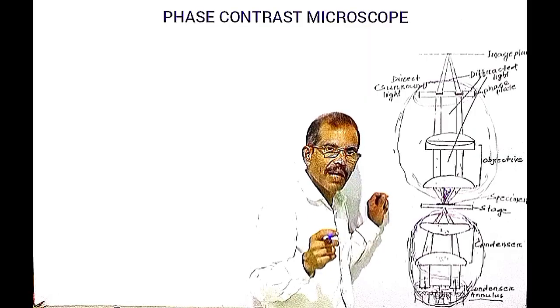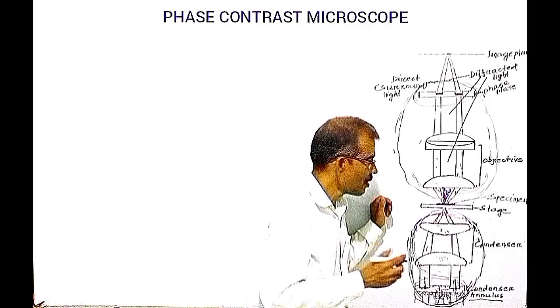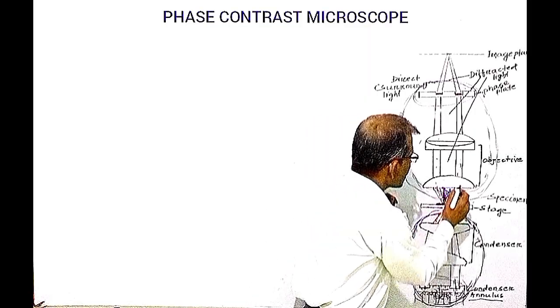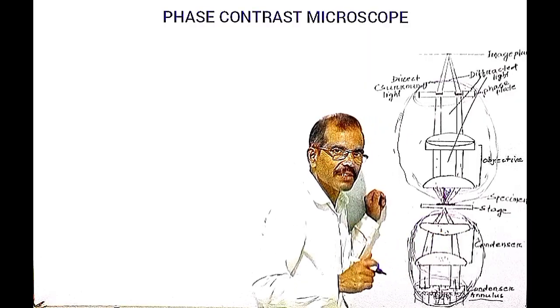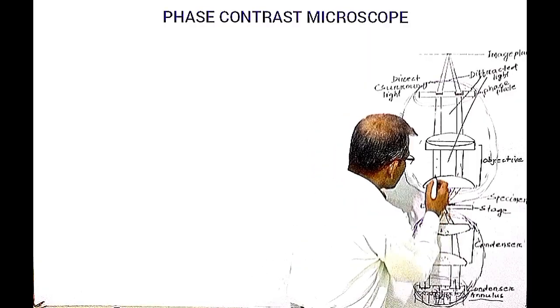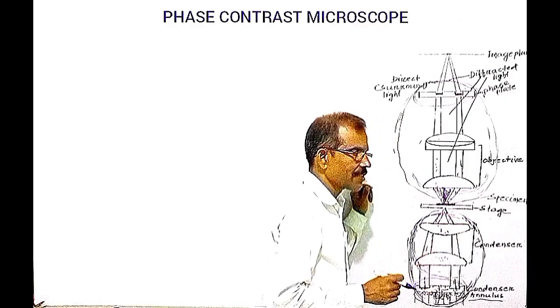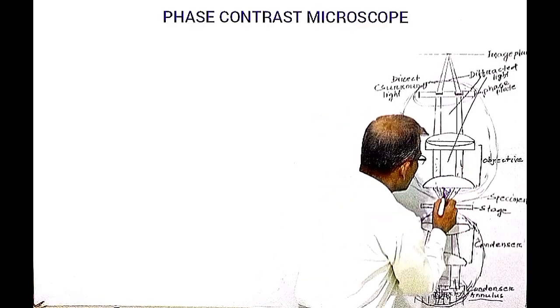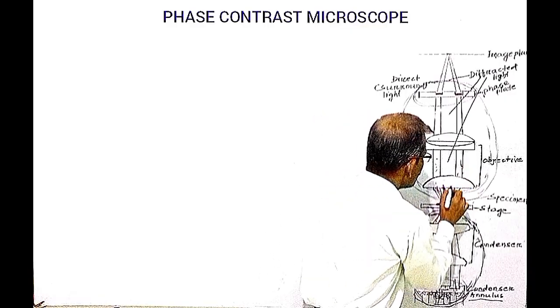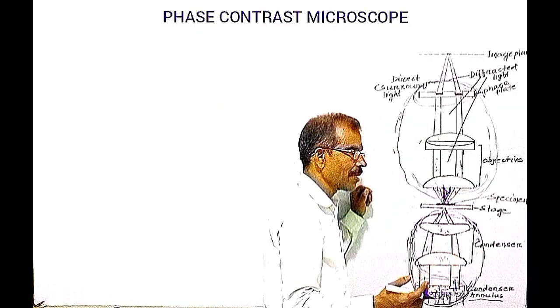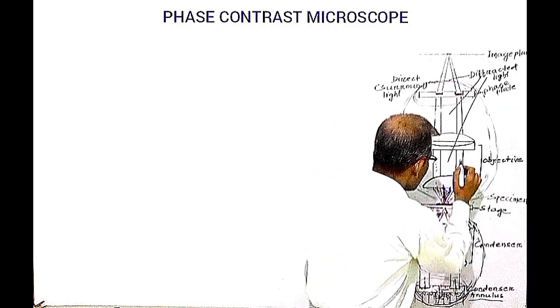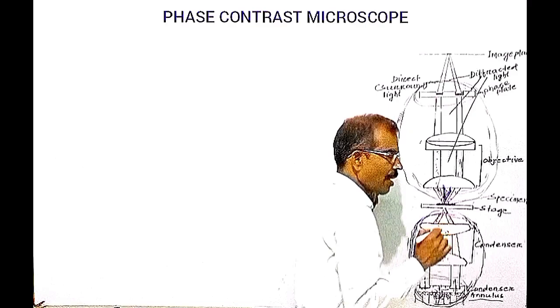The remaining light, which is linear, passes through the background or between cells. This light constitutes the background or surrounding light. So here we have diffracted light which comes from the specimen and the background or surrounding light.